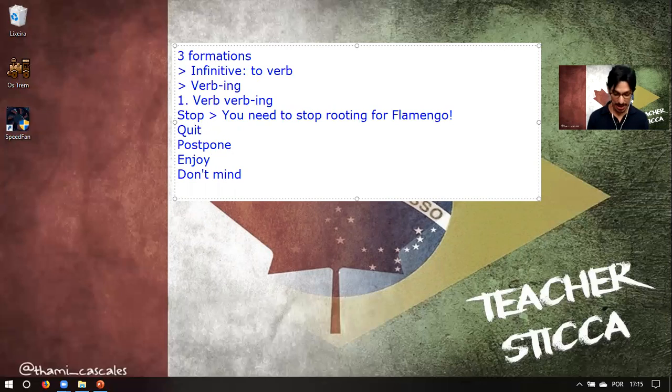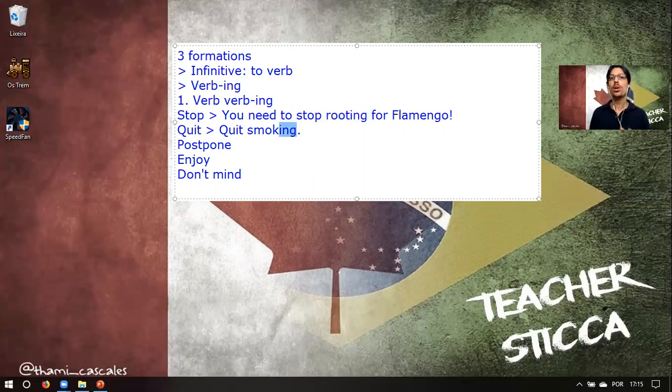Now, quit smoking. If you don't know the difference, to quit is to stop forever. So quit smoking, something like this. To quit is to stop forever. In this situation, we have other meanings for this. So you see that after stop, we use stop rooting, quit smoking.